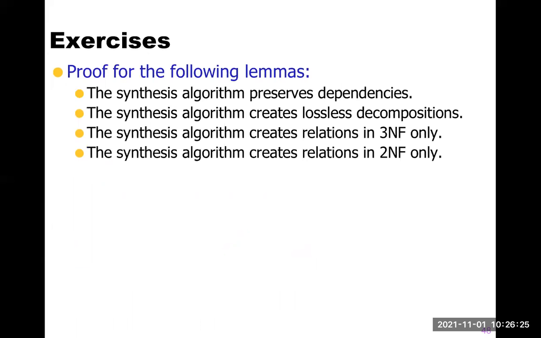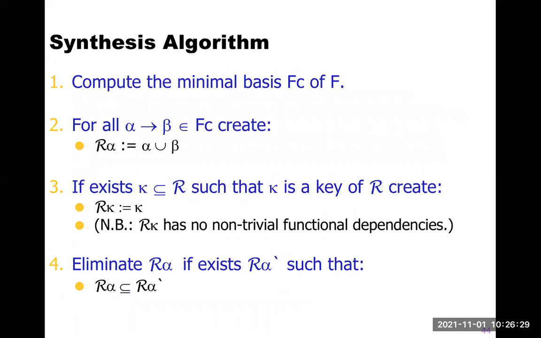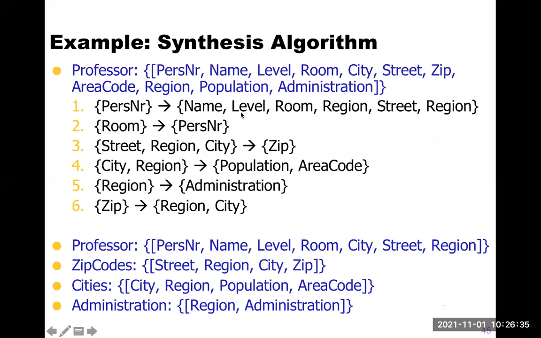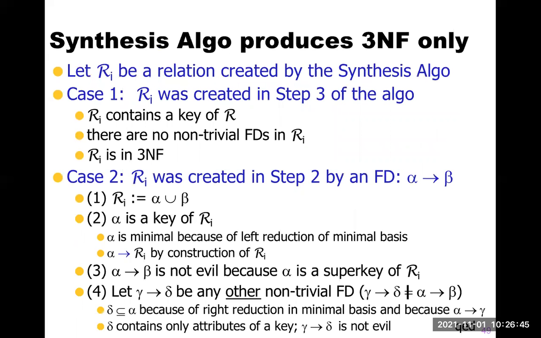And then it creates relations in third normal form. We need to look at the minimal basis and at the second step too. So I'll let you check it. And second normal form depends on third. So everything that's in third normal form is in second normal form automatically.